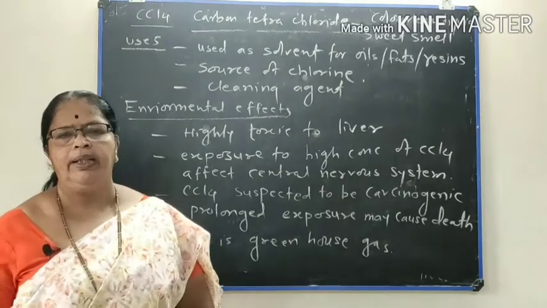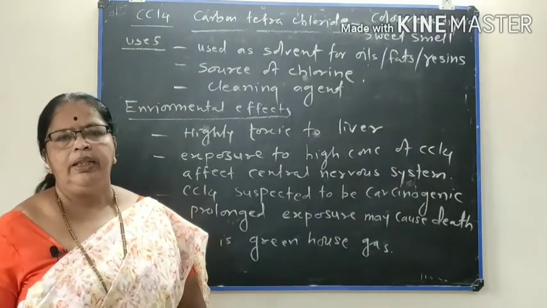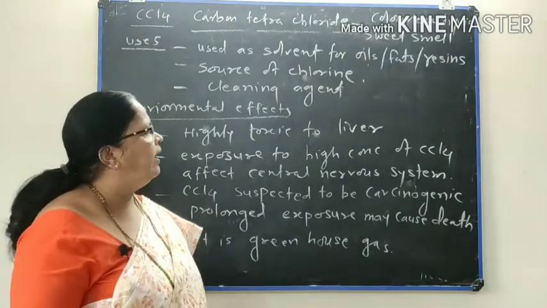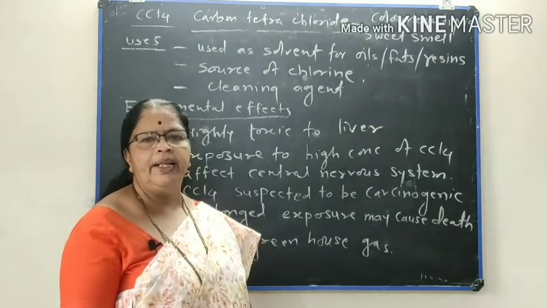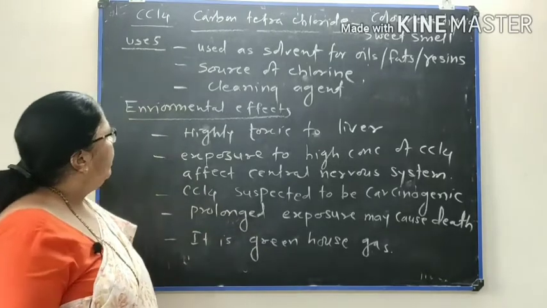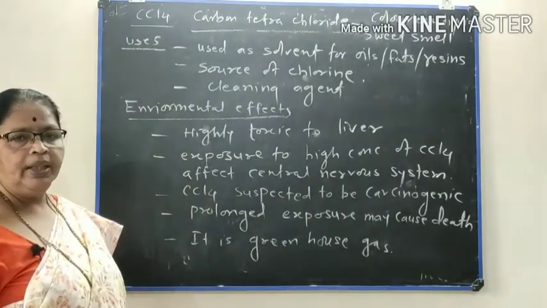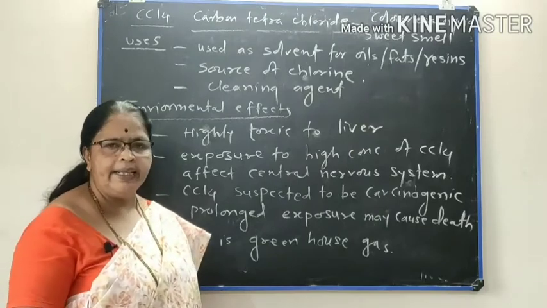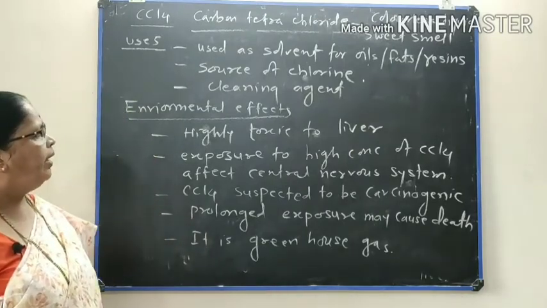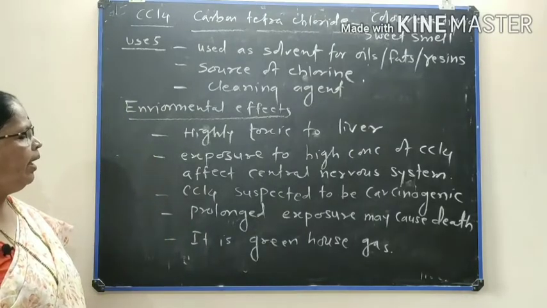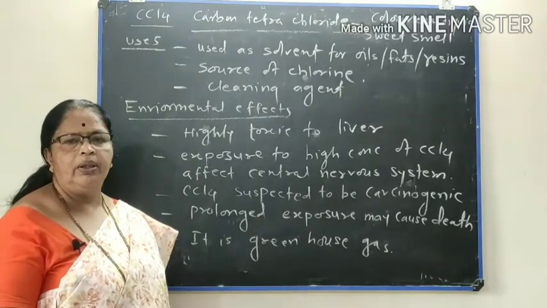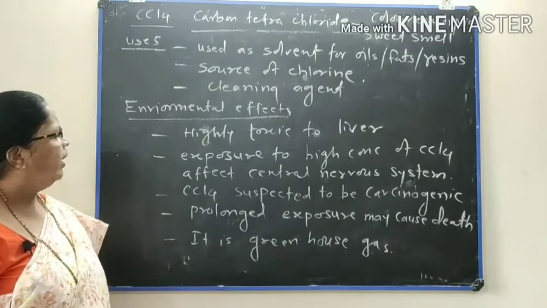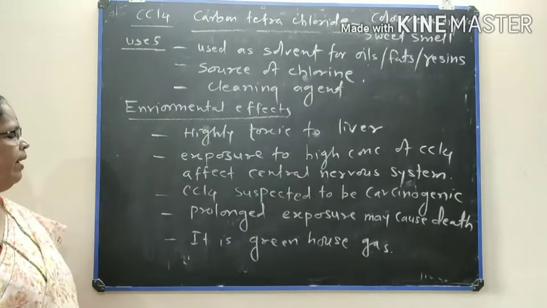Carbon tetrachloride, CCl4, is also called tetrachloromethane. It is a colorless liquid having a particular sweet smell. Mainly it is used as a solvent for the extraction of oils, fats and resins. It is also a source of chlorine and it is used as a cleaning agent. Next, there are some important environmental effects.